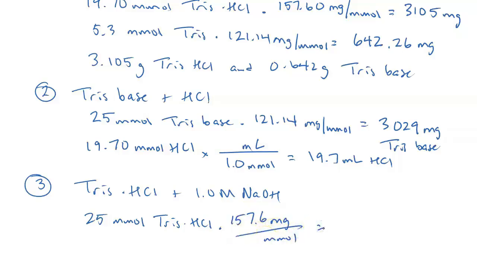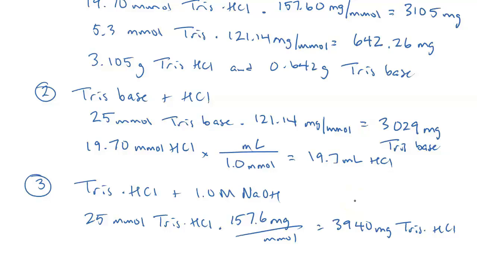So doing that math, 25 times 157.6, I get 3,940 milligrams of tris HCl, or if you like, 3.94 grams.